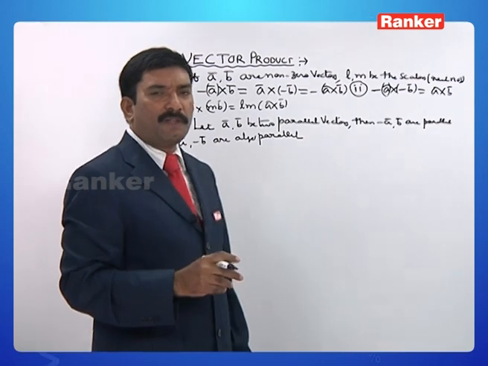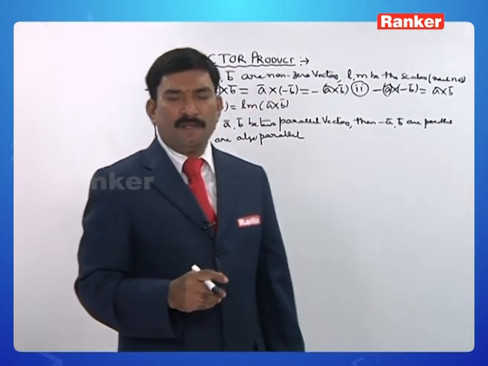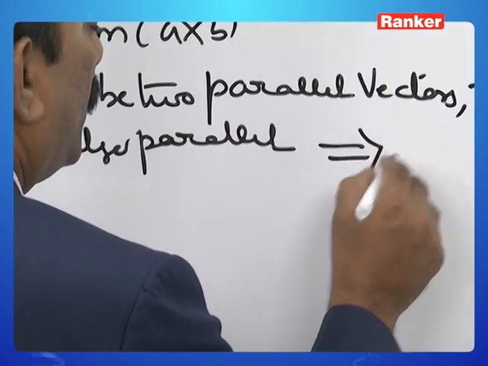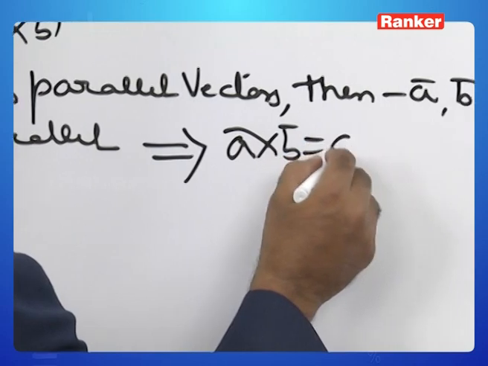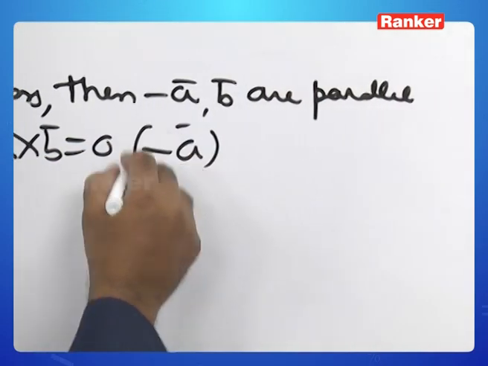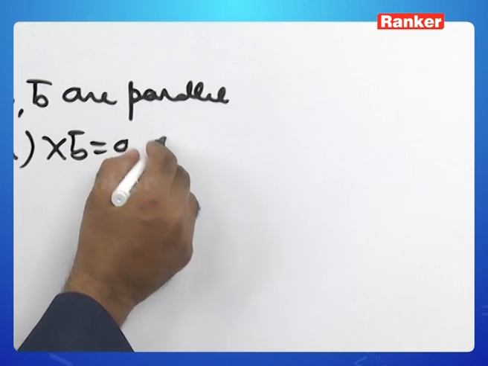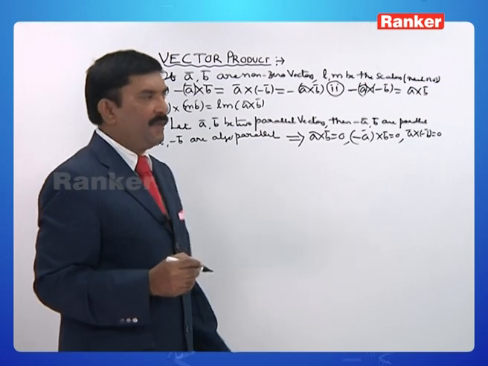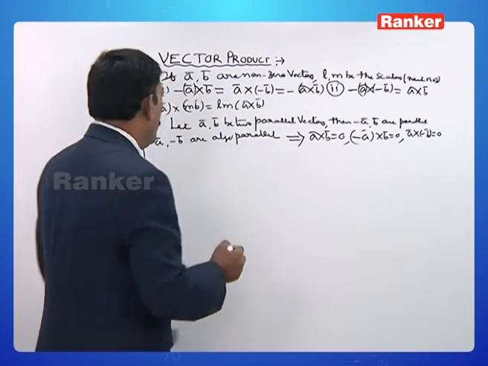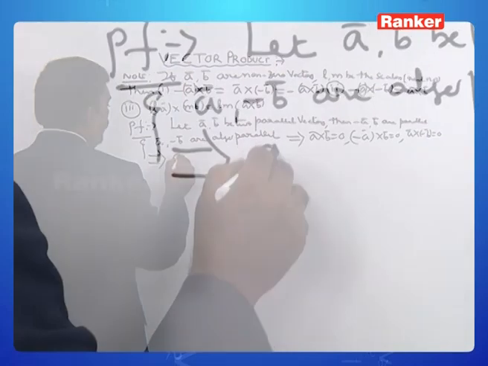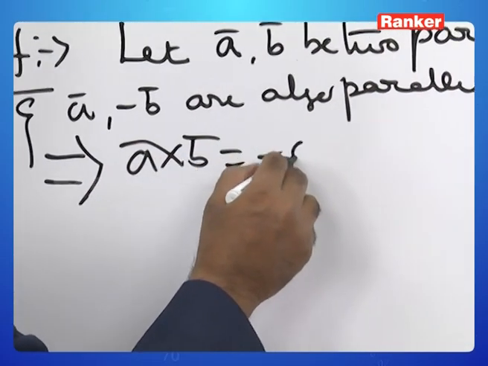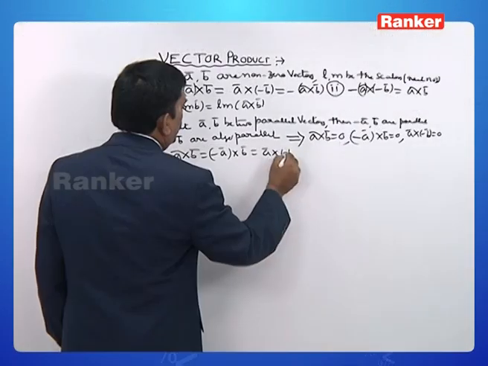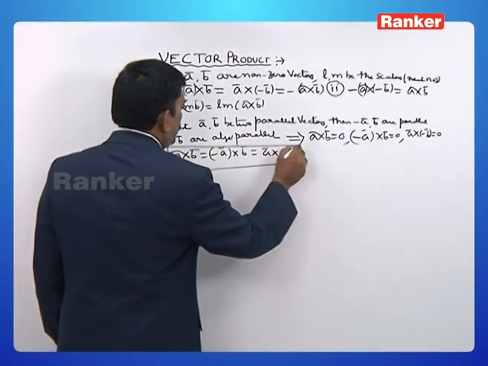When any two vectors are parallel, the cross product is equal to 0, which implies A bar cross B bar is equal to 0, minus A bar cross B bar is equal to 0, A bar cross of minus B bar is equal to 0. Therefore, we have proved A bar cross B bar is equal to minus A bar cross B bar is equal to A bar cross of minus B bar.